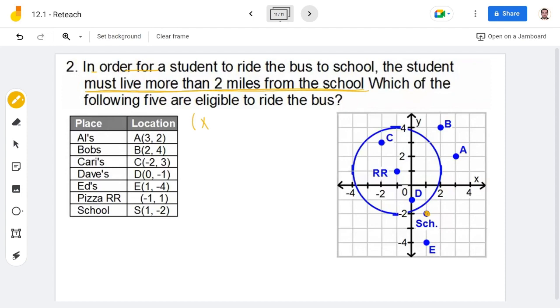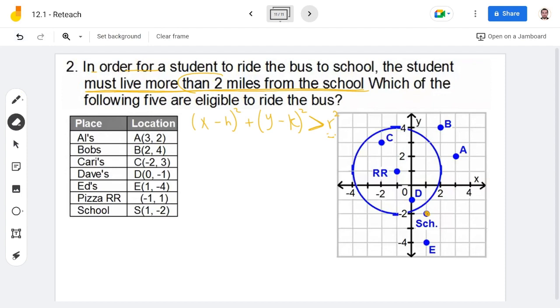We know that (x minus h) to the power of 2 plus (y minus k) to the power of 2 is not equal, it should be greater than the radius, because it's saying must live more than 2. More than 2 means all of that should be greater than the radius.